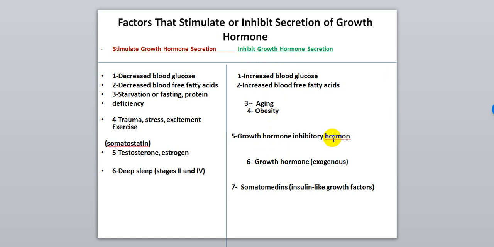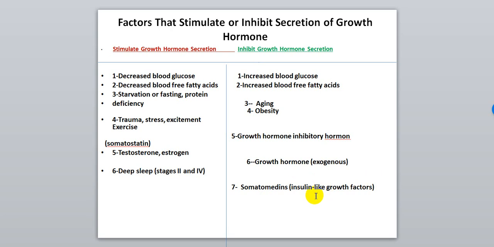Growth hormone inhibitory hormone is secreted from the hypothalamus and causes inhibition of growth hormone. If this hormone is secreted in large quantity, that means inhibition of growth hormone. Exogenous growth hormone: when we take growth hormone as a drug from outside, the blood will be concentrated with growth hormone, which leads to inhibition of growth hormone from the hypothalamus.